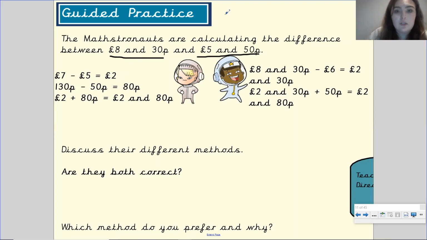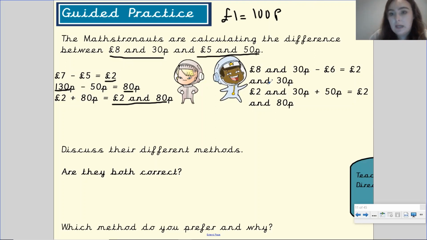She's then used her knowledge of knowing that £1 is the same as 100 pence, and she's added it to her 30 pence here to give herself 130 pence, because she knows that she can't do 30 pence take away 50 pence, because it would take her into minus numbers and that wouldn't help, which is why she's taken £1 and exchanged it for 100 pence. So we've got 130 pence now, take away 50 pence equals 80 pence. Then she's added together £2 and 80 pence, and that's given her £2.80. So that's what she's done here.